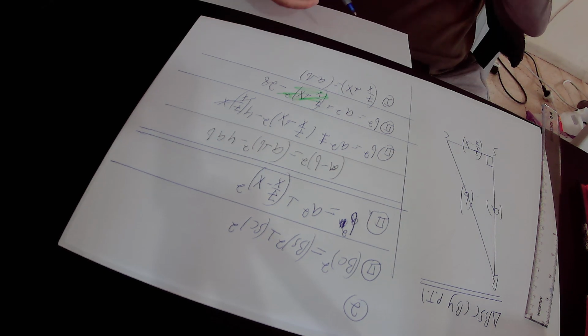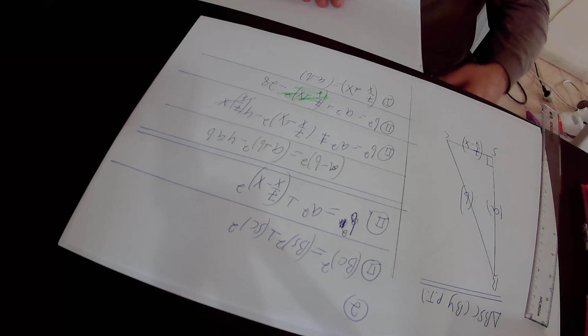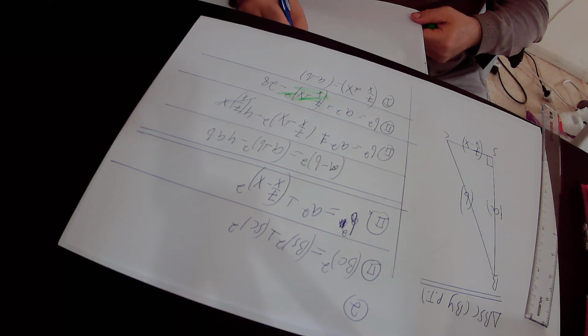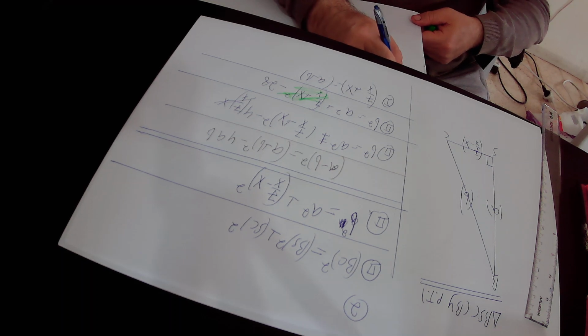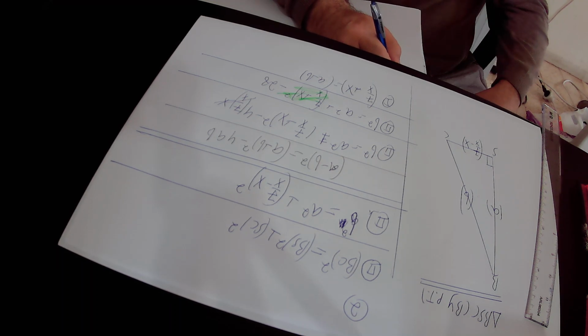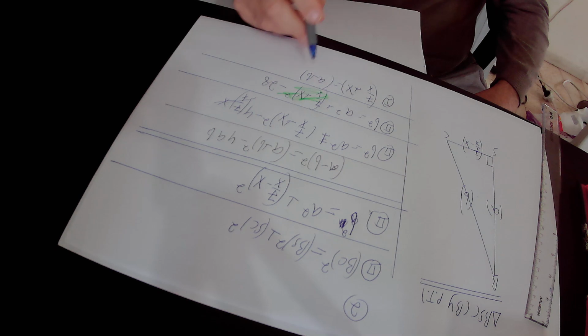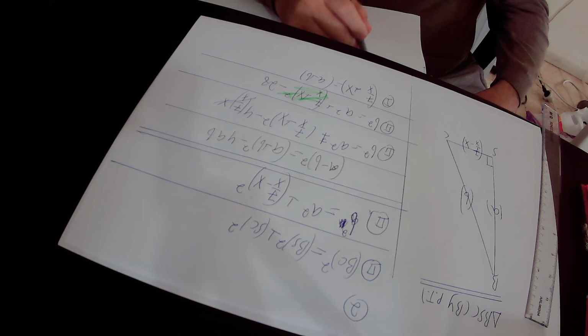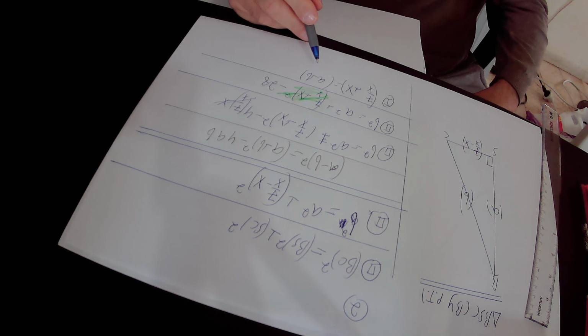And we get that according to equation 2, B squared equals A squared plus... 7 over X plus X is A plus B according to equation 1. If 7 over X plus X is A plus B, it means that (7 over X plus X) squared will be equal to (A plus B) squared.